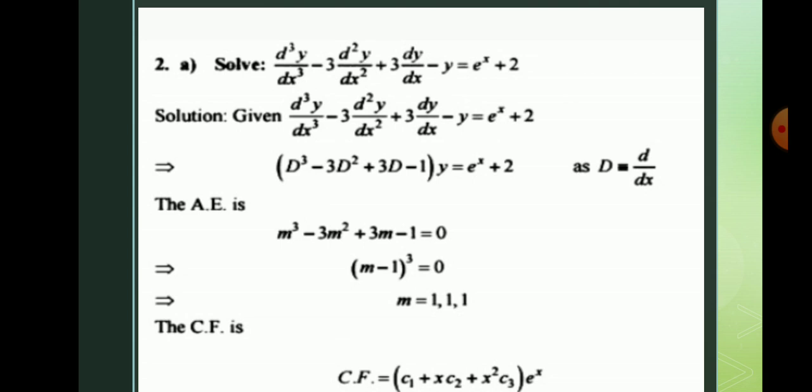To solve such type of equation, we transform them into linear differential equation with constant coefficient by the substitution x is equal to e to the power z, that is, z is equal to log x.